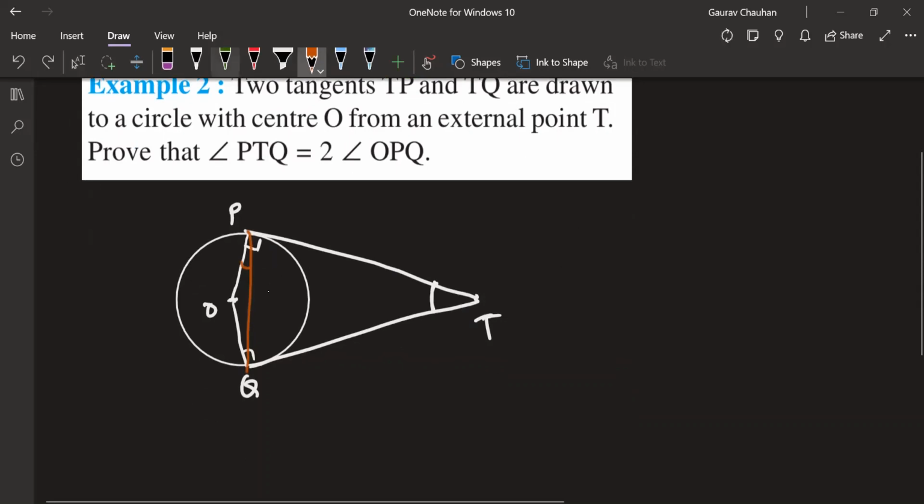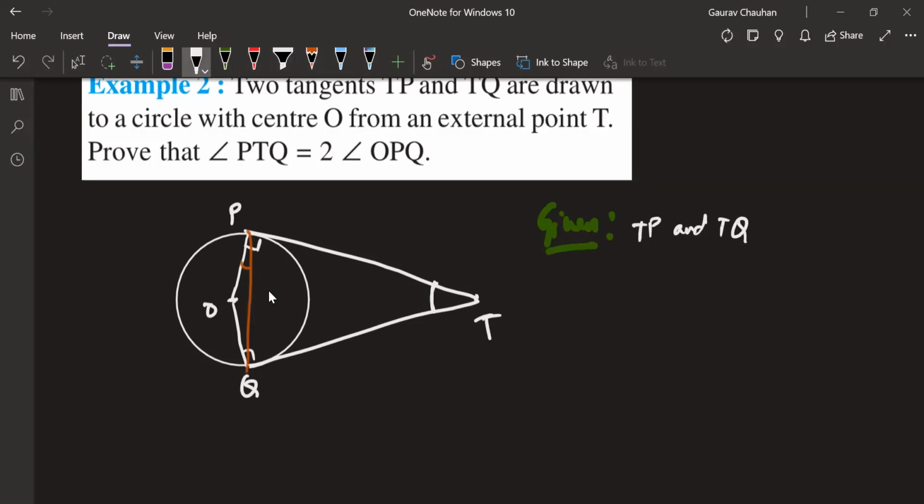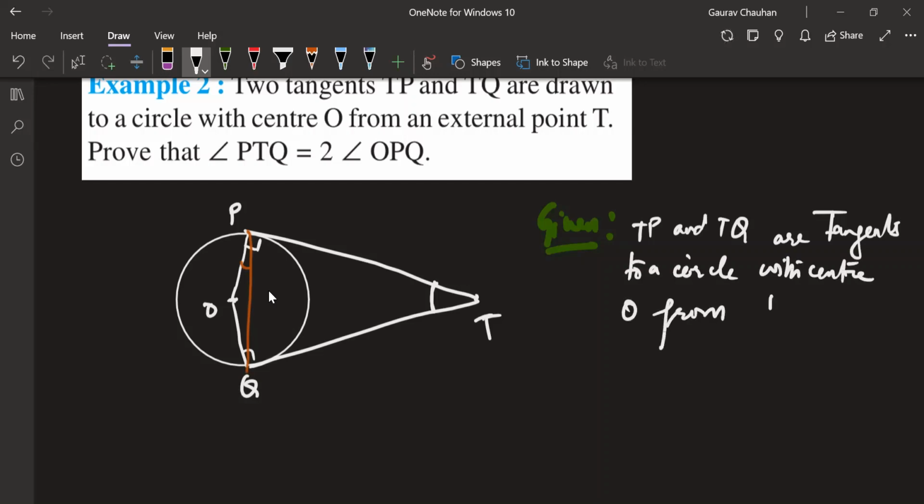First, of course, we're going to write given in proofs. So given is, Dinesh, can you tell me? Tangents to a circle with center O from T. Okay, from an external point T, you can write that.